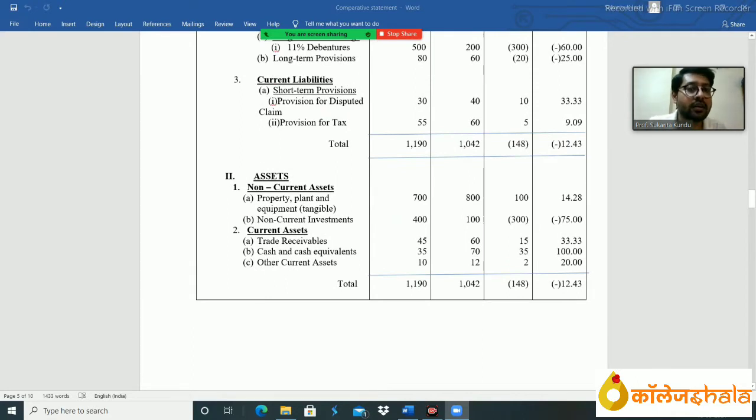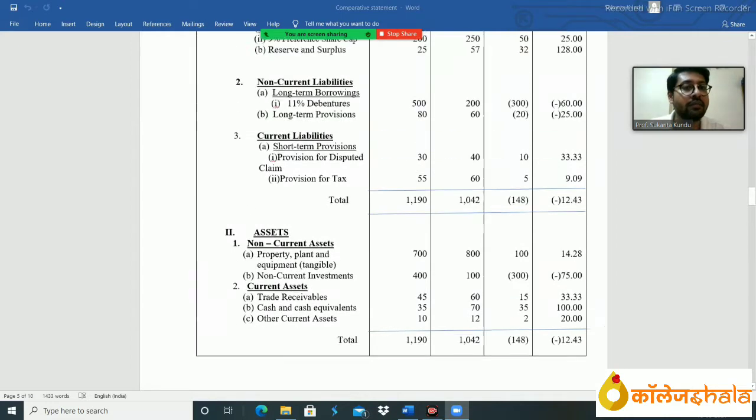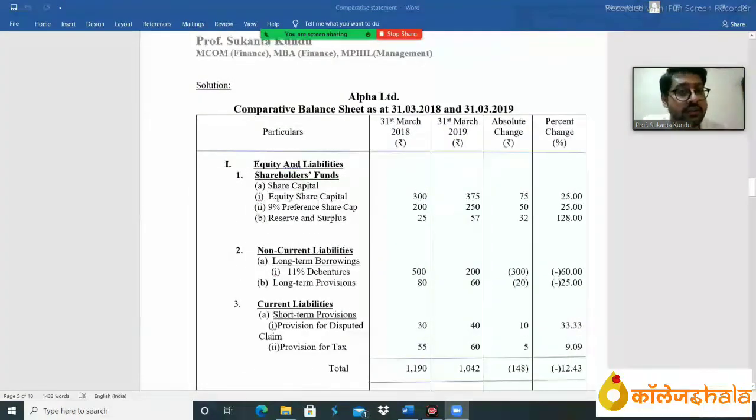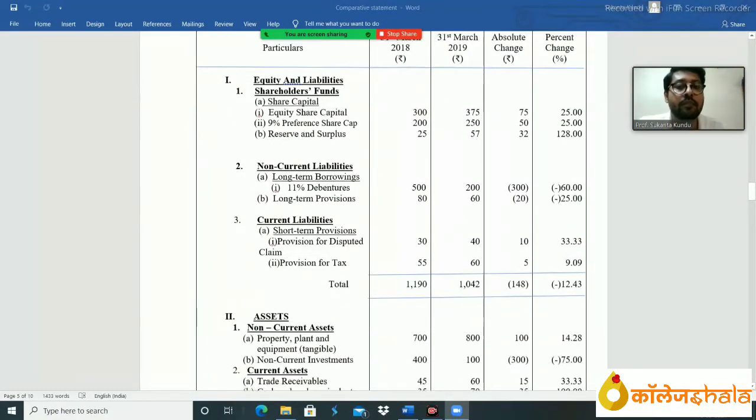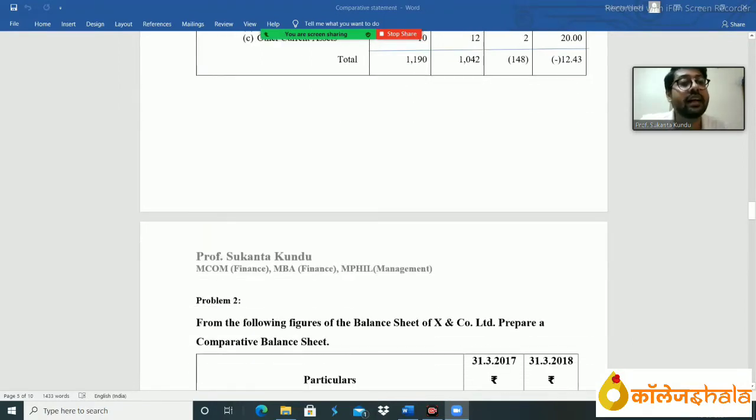As it is, find out all the absolute changes in case of items of the asset side, and then calculate the percentage change, and the total will be the same. So this is the comparative balance sheet. Now coming to the second problem.